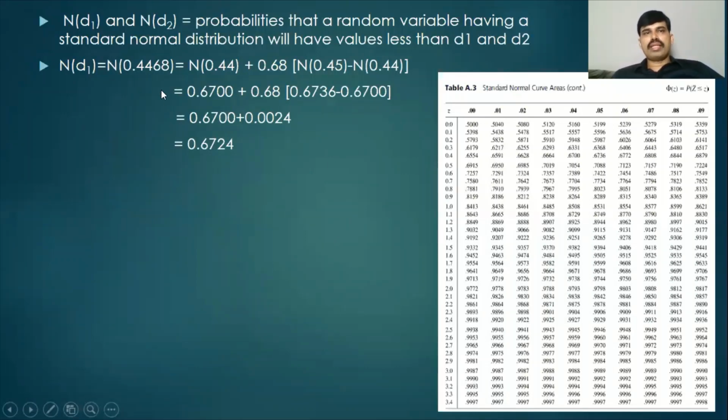From the table, the value associated with 0.44 is found at the intersection of the row 0.4 and the column for the second decimal, 4. So for 0.44, the intersection cell is 0.6700. This is what we have noted down.